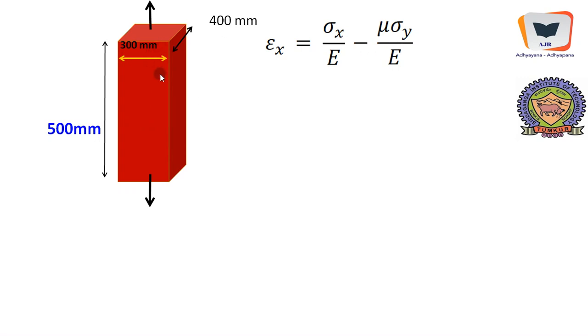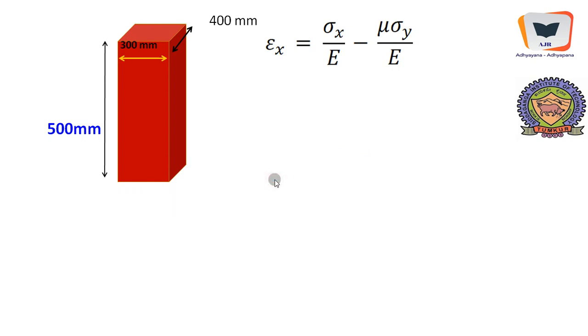Therefore what is the percentage of decrease? It is mu times sigma y by E, and sigma y by E happens to be the primary strain along y direction. We are not worried about primary strain along y direction, and we are just calculating the algebraic sum of the strains happening along x direction due to stresses in some other direction.